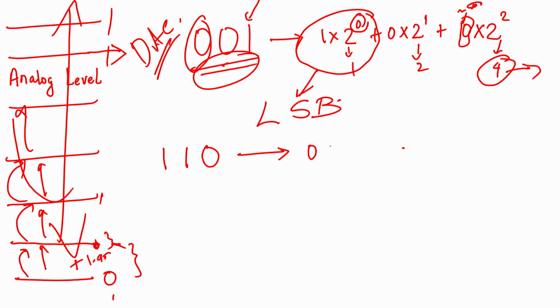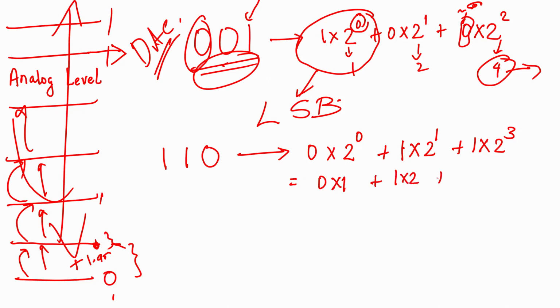So, this is 0 into 2 raised to 0 plus 1 into 2 raised to 1 plus 1 into 2 raised to 3, correct. So, that will be how much? 0 into 1 plus 1 into 2 plus 1 into 8, that is how much? 8 plus 2, 10, correct.